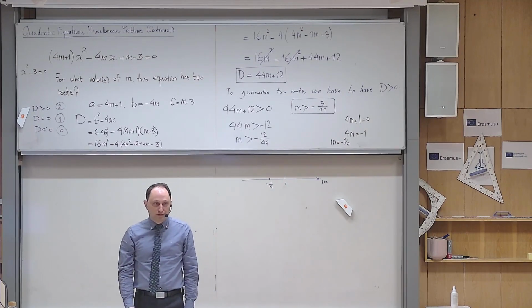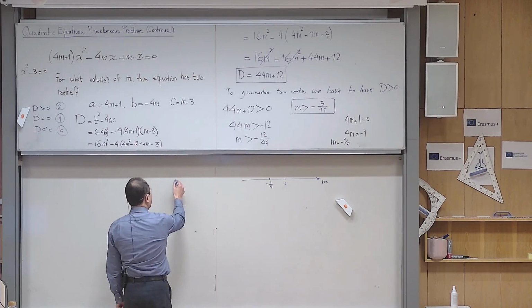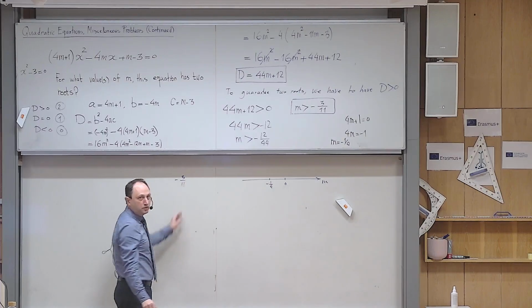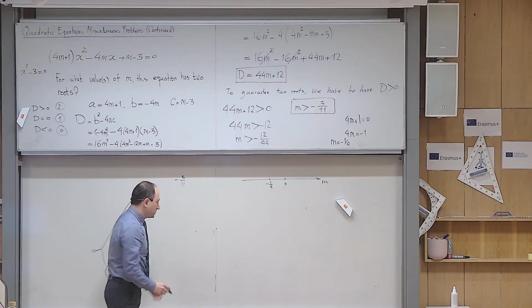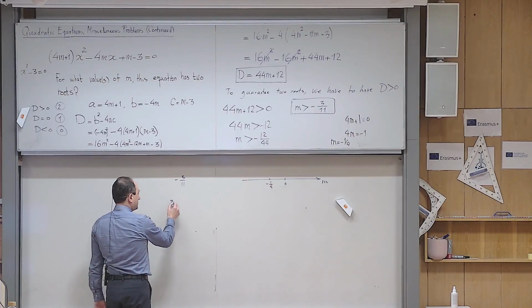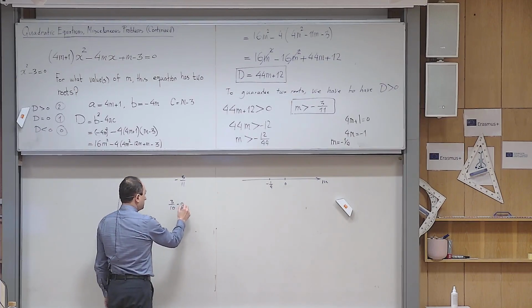Left. Left or right? Right. Why? Because it's less than 1. Is it? Because you see that minus 3 over 11, you can put this in your calculator. So if I want to approximate it, 3 over 10 is 0.3.